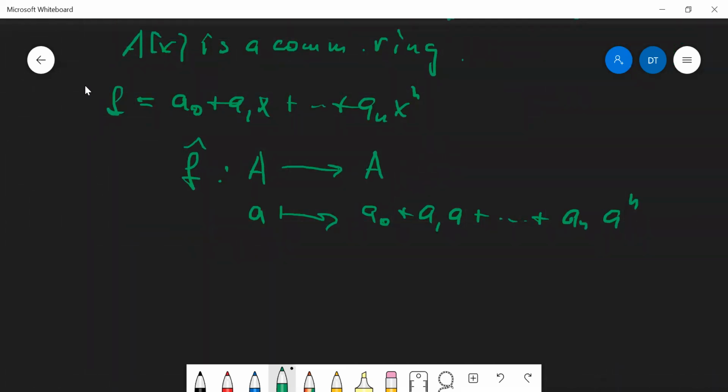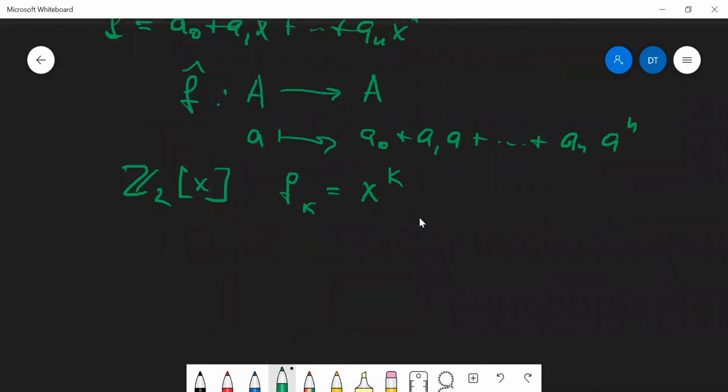it may happen that different polynomials, different formal expressions, give exactly the same functions. And here is an example. If you take, for example, Z2 to be A, and you consider the polynomials over Z2, let's take the polynomial f_k to be x to the k, just the kth power of the variable x.